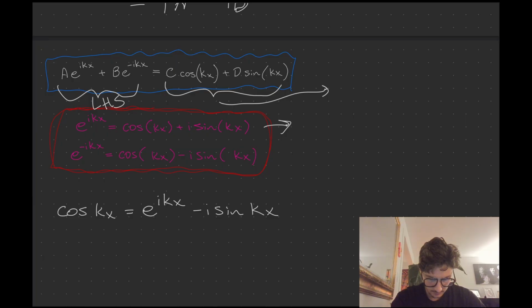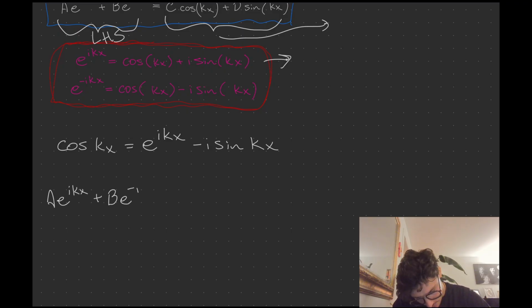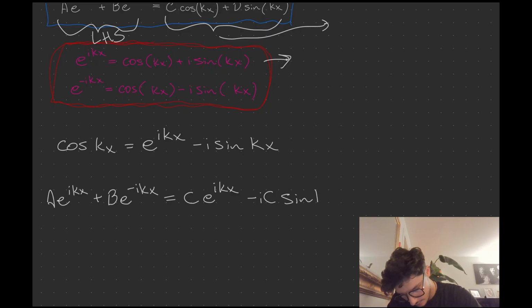No, it's not feeling good. Alright, I'm going to take the equation and substitute in this cosine. So we have A e to the IKX plus B e to the minus IKX. This is the full equation. Here we have a C cosine, but the C cosine gets replaced into a C e to the IKX minus IC. I like putting the I in front, sine KX.